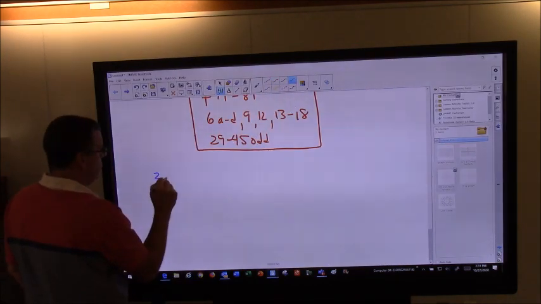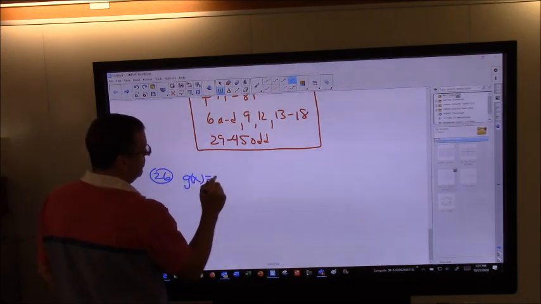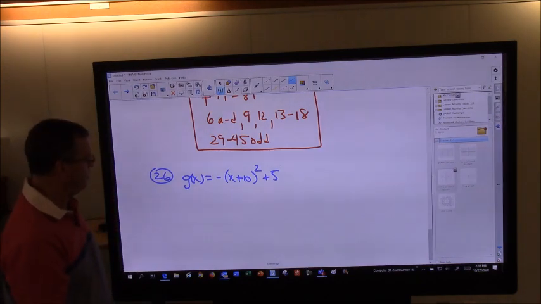So this is number 26, and it said g of x equals a negative x. Describe the transformations.